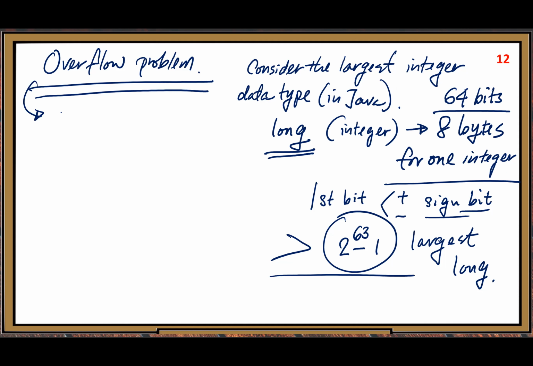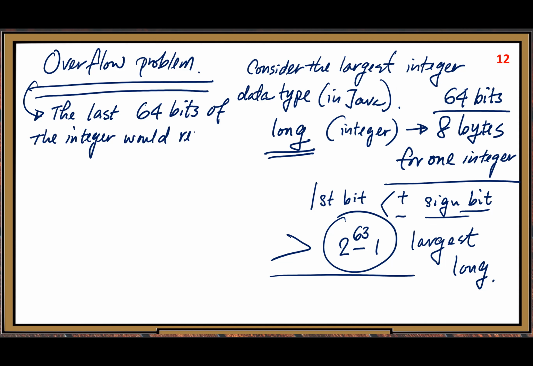So when overflow occurs, the last 64 bits of the integer would remain.